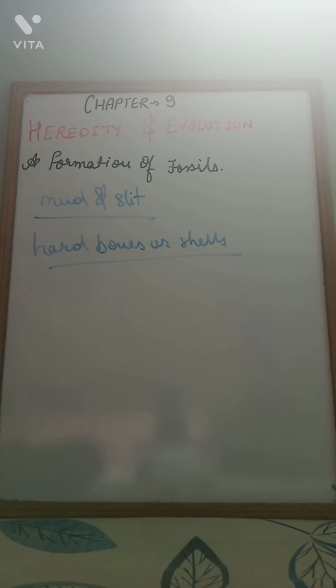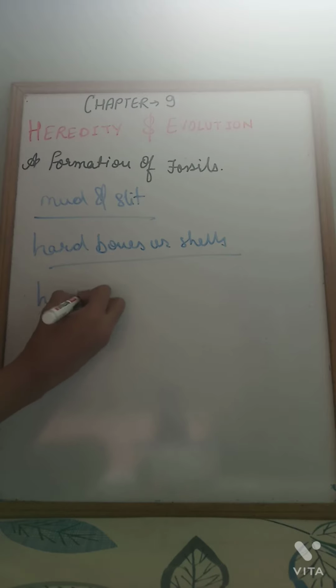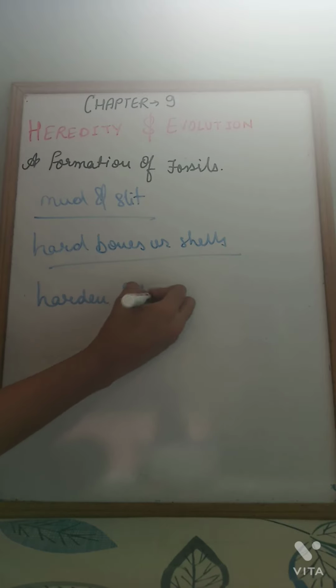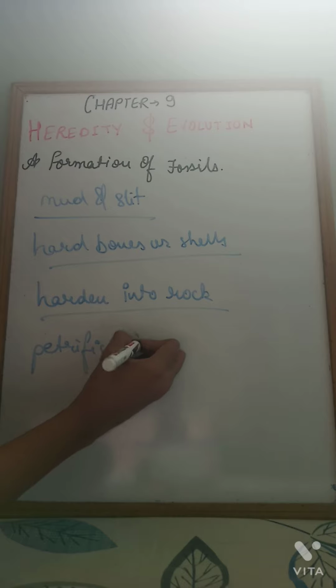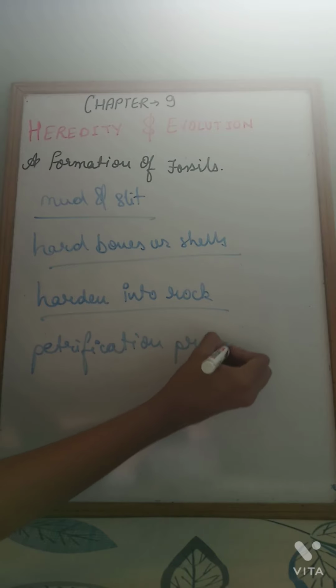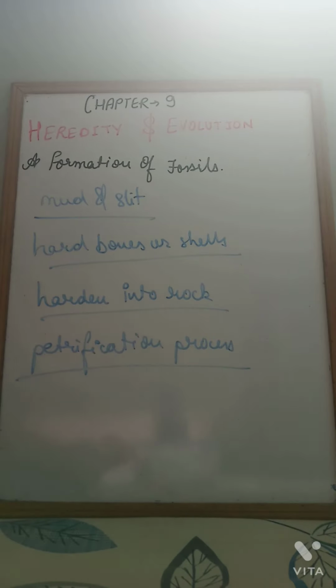Third, over time sediments build over it and harden into rock. Fourth, as the bones decay, minerals seep in to replace the contents cell by cell, a process called petrification. And the last point, if bones decay completely, it leaves behind the cast of the animal.